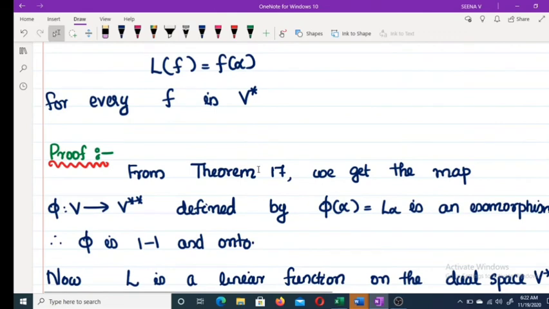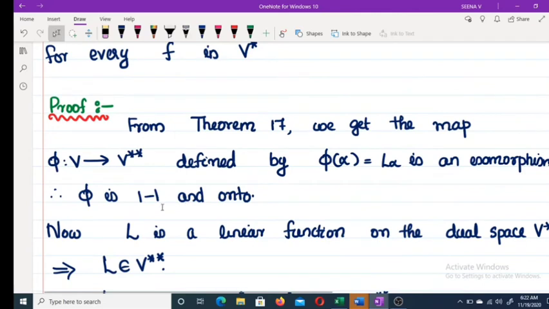We have already from theorem 13 a map phi from V to V double star defined by phi alpha equal to L alpha is an isomorphism. That is, phi is 1, 1 and onto.